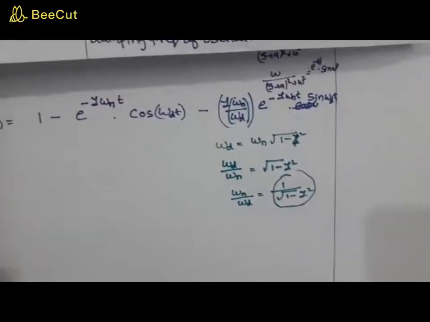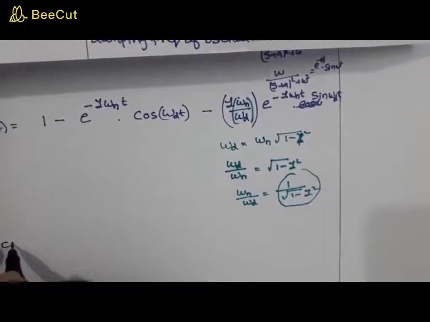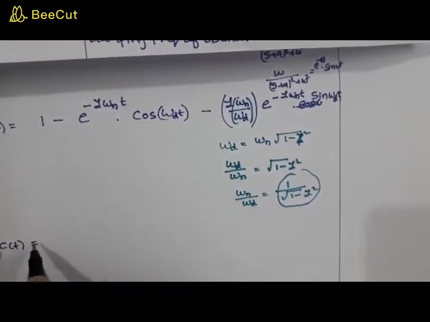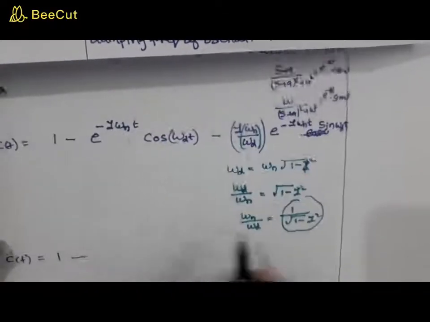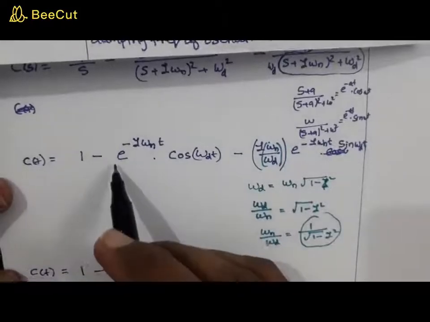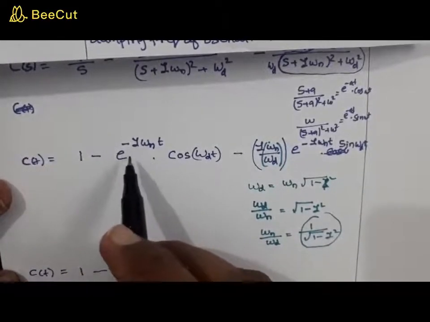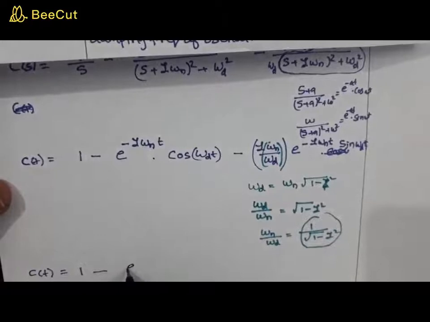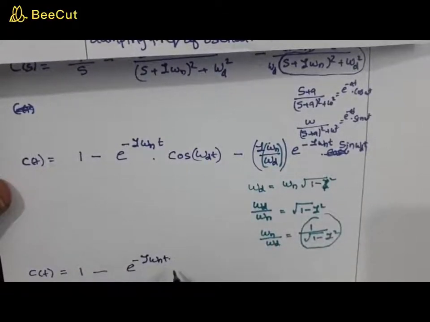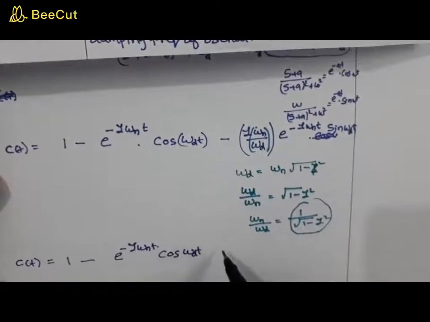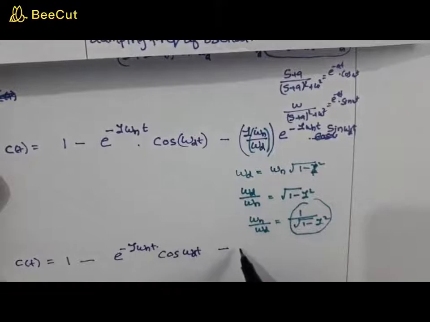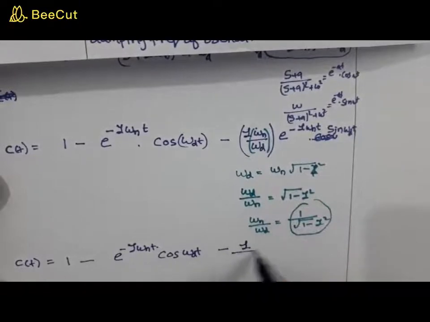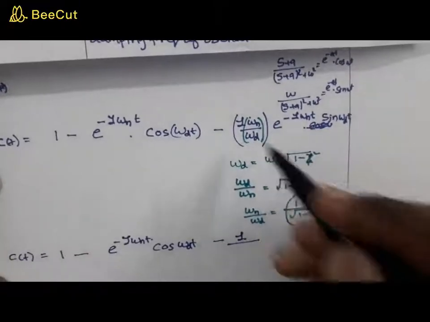So doing that, you will get c of t is equal to 1 minus, now I'm going to take this term. Okay, I'm just rewriting this, e raised to minus theta omega n t into cos omega d t minus theta divided by, what is omega n by omega d?